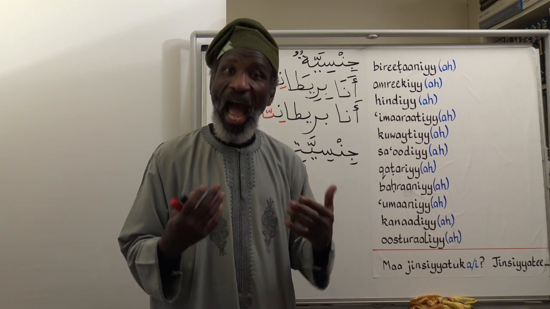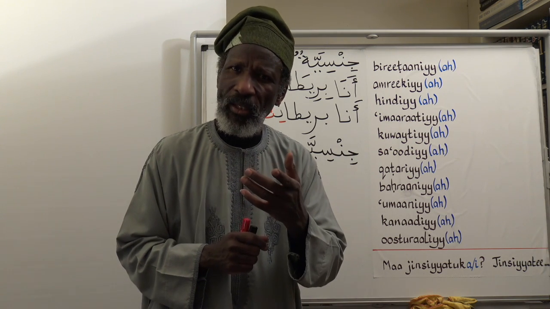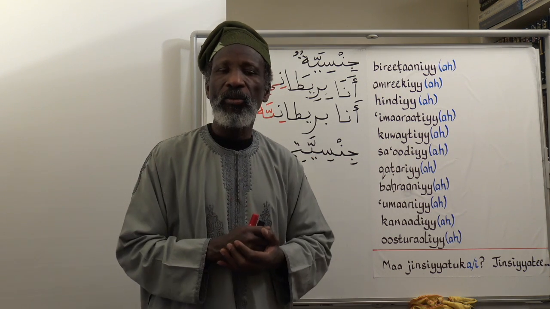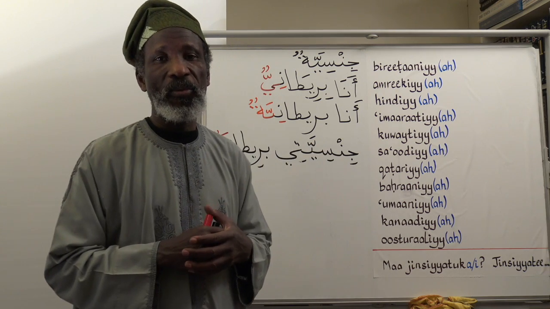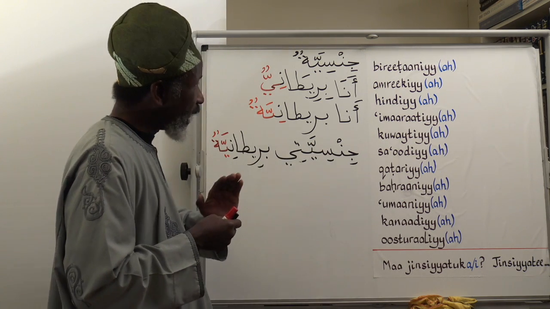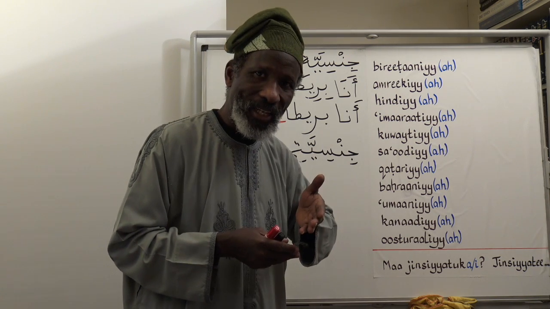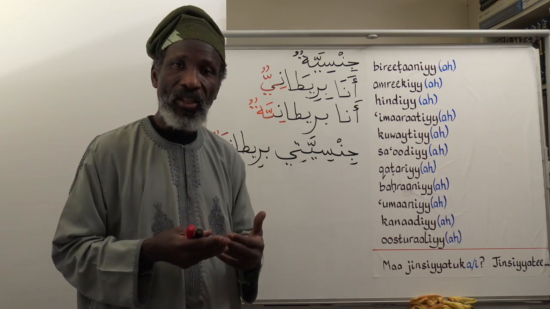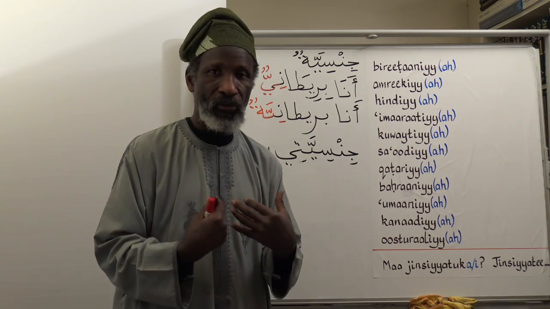Say, Naam, Ana Britaniyun. What's your nationality? Jinsiyati Britaniyatun. That is a subtle difference between saying I'm British and saying my nationality is British, because here we're describing nationality, but there the individual person is describing themselves.